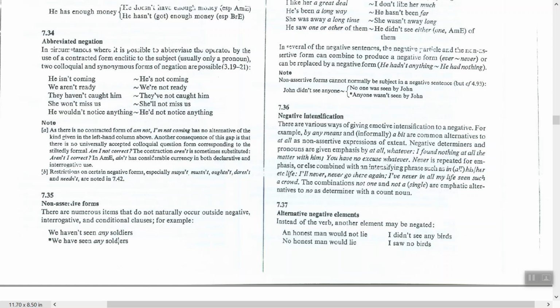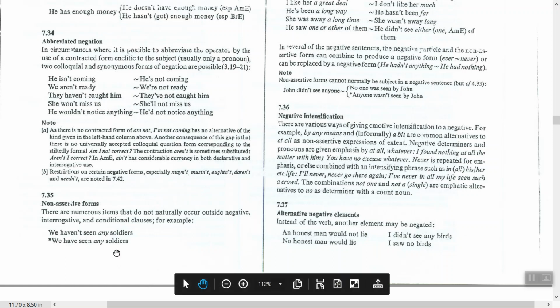For example, we haven't seen any soldiers. Any is non-assertive. It's wrong to say we have seen any. You cannot say any here.